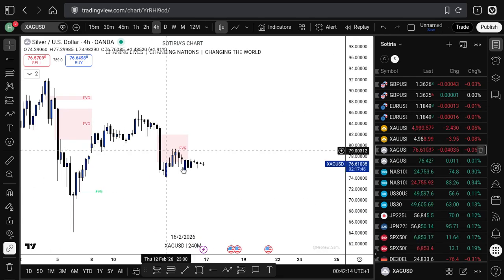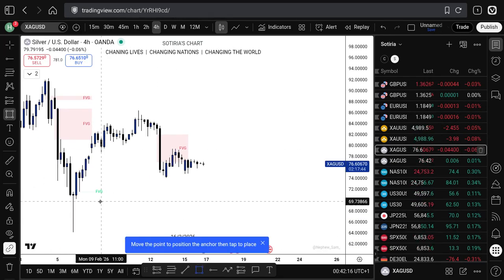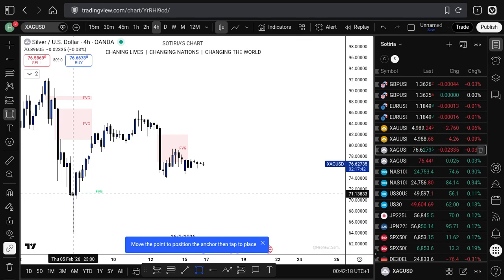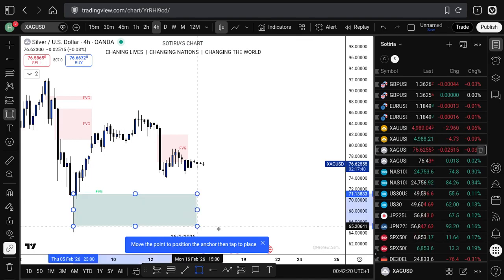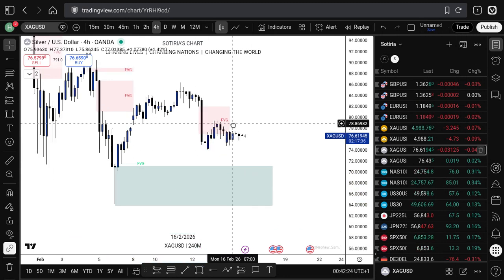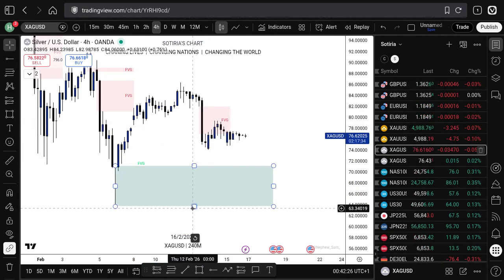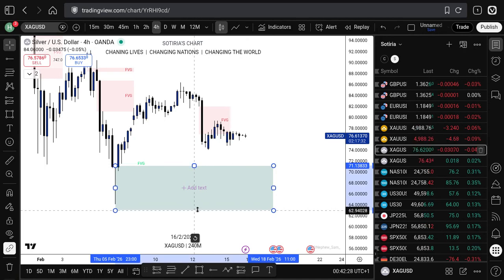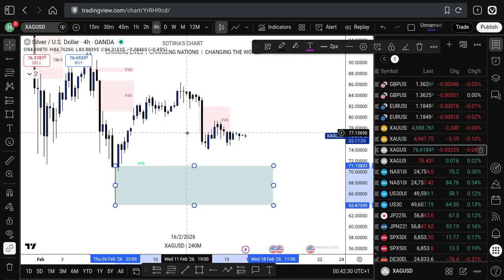We have this range right now, and then we have this other block here that has an FVG which has not been mitigated right here. So this is what we have for silver.